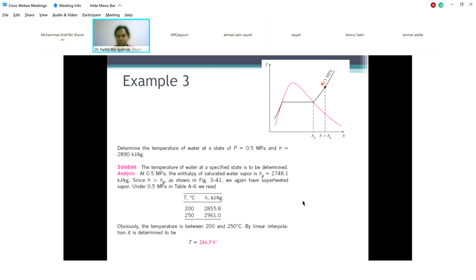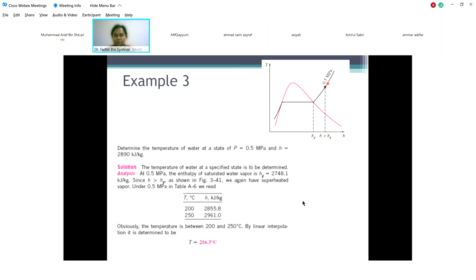Okay, so look at the pressure table. The pressure table is A5, right? Look at the pressure table at 0.5 megapascal, table A5. Since pressure is given here, look at pressure table A5. 0.5 megapascal is equal to 500 kilopascal, right?